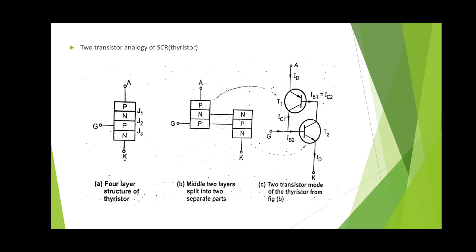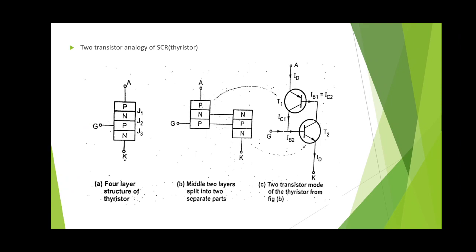First observe this diagram very properly. After observation we can go with the discussion of how the current equation is found. By using this two transistor equivalent circuit diagram, the operation of the SCR can be understood very easily.